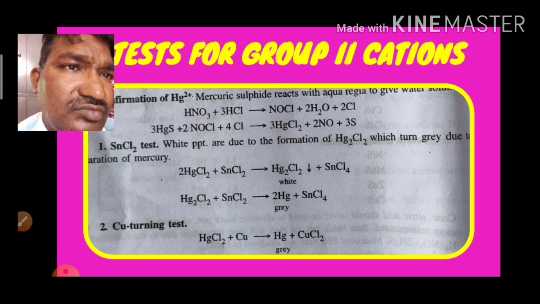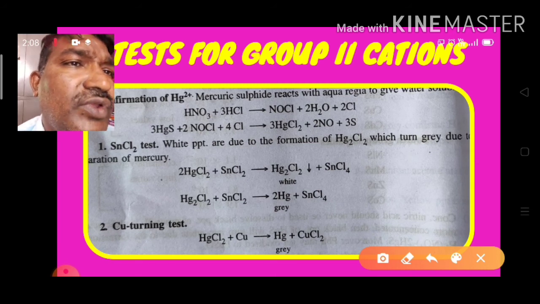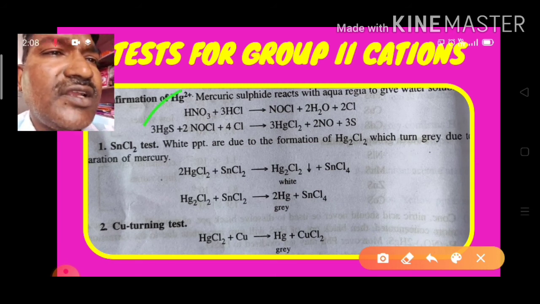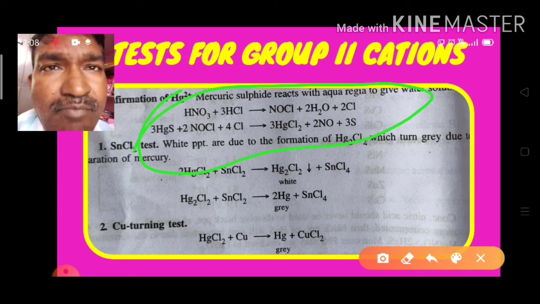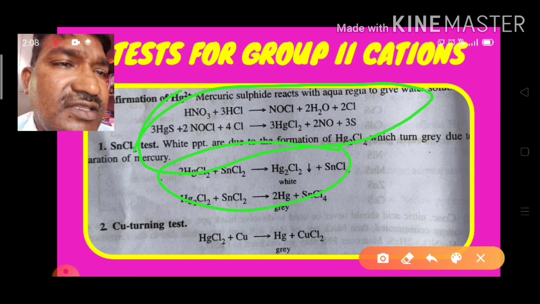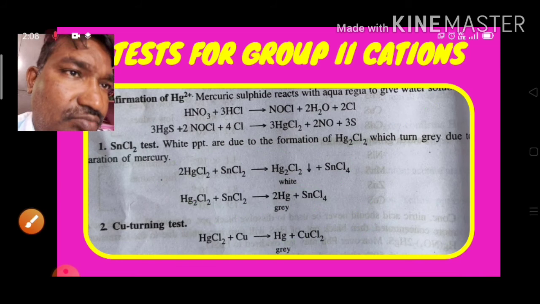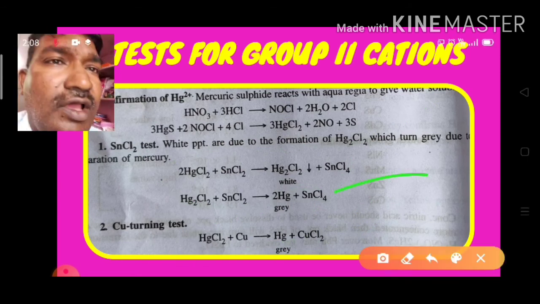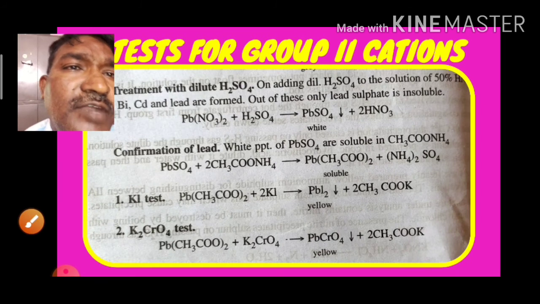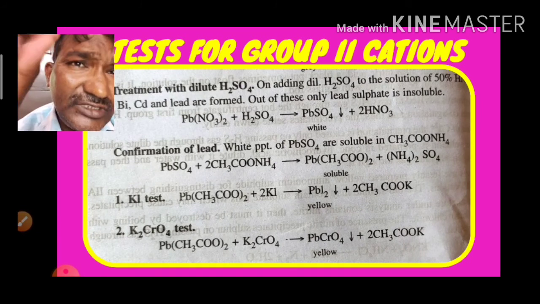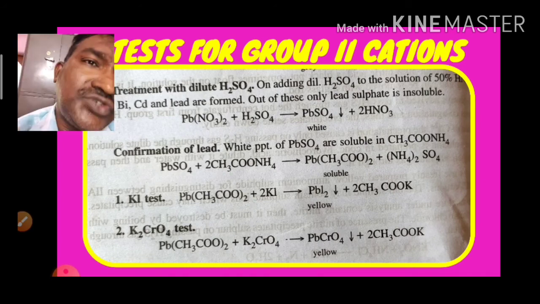Here, mercuric sulfide reacts with nitric acid and forms mercuric nitrate. That mercuric nitrate is used for the identification or confirmation of mercury. Already we have discussed these reactions in the first group. Now we move on to the other cations. Treatment with H2SO4: after dissolving in nitric acid, we have to add H2SO4.